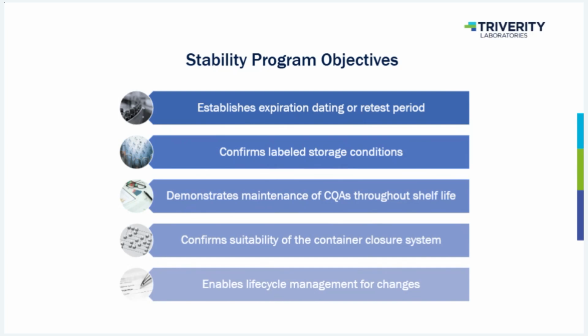You're going to demonstrate maintenance of your critical quality attributes throughout shelf life and confirm the suitability of your container closure system. And then stability also allows you to make changes throughout the life cycle of your product. So if you are changing your packaging, then stability is one of the things you utilize to show that it is suitable, that it's not going to have any impact on your drug product or drug substance.